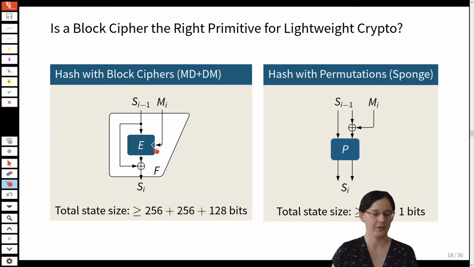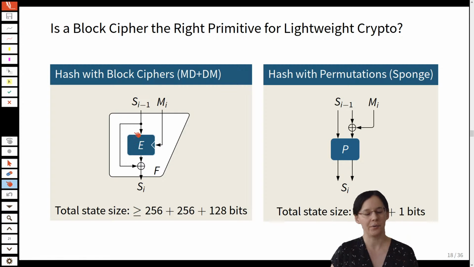They take a block cipher where the size of the block cipher must be large enough for hash purposes. So for example, it must be 256-bit at least. And then they plug the chaining value and the message block as key and message into the cipher.